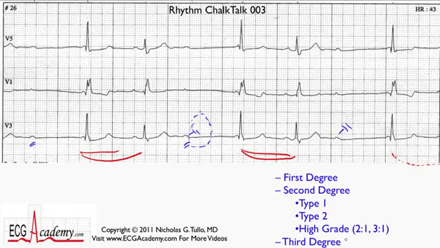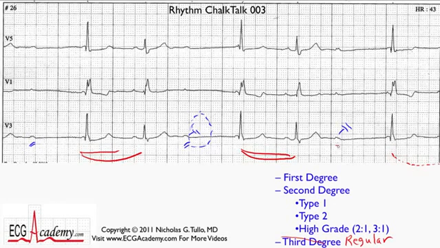If you have AV block, then usually a low junctional focus or an idioventricular focus will arise as an escape rhythm, and the QRS complexes will be regular. These are not regular, so we know that third degree AV block is not present. And it's clearly not first degree because some of the P waves are failing to conduct. So now we have to figure what kind of second degree AV block it is.